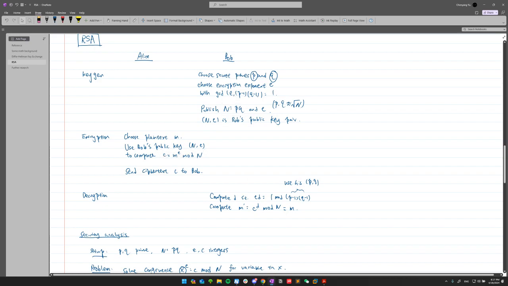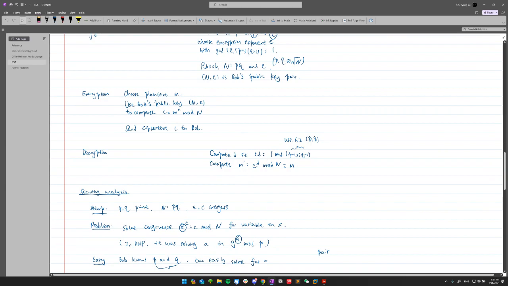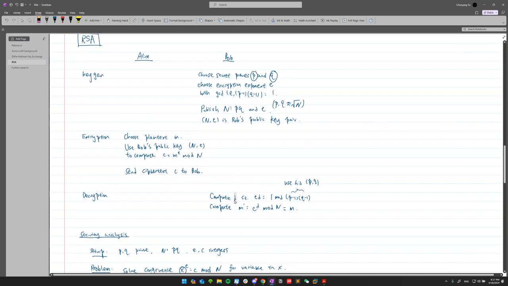Okay. So in the end, Bob receives the ciphertext. He can compute D, which is related to E, the encryption exponent, right? So he can compute that. Why? Because Bob has information about P and Q. So this one is like a trapdoor function.